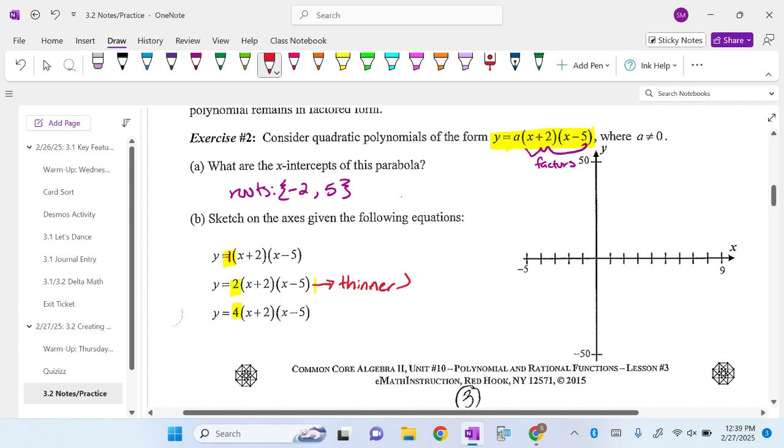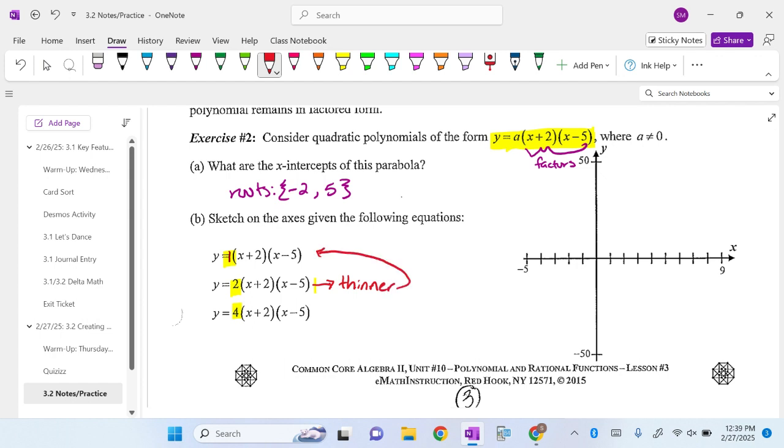So this one is thinner than this one, and this one would be thinner than both. It just makes the graph skinnier because of the a values right here. Again, that's just review from Unit 1.